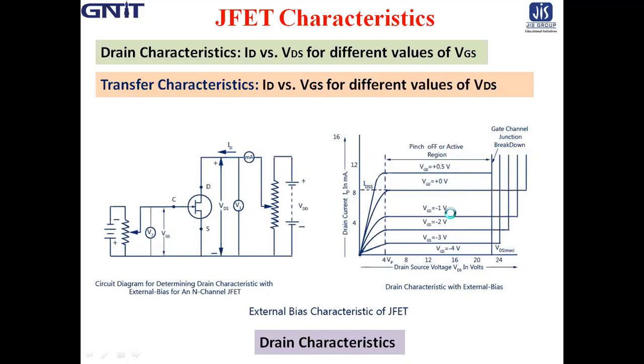Say first VGS is 0 volt, say -1 volt, -2 volt, -3 volt. It is like that. So this is the drain characteristics. I will explain why the curve nature is like that in the next slide.